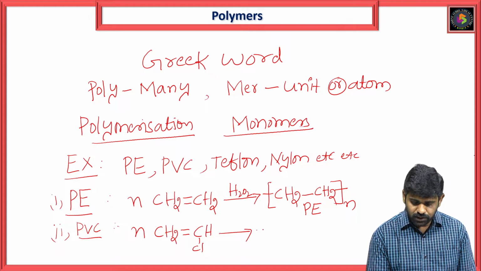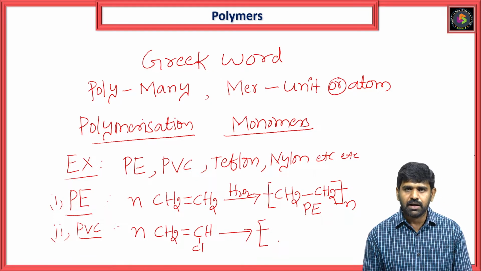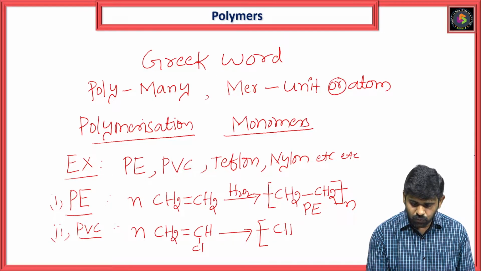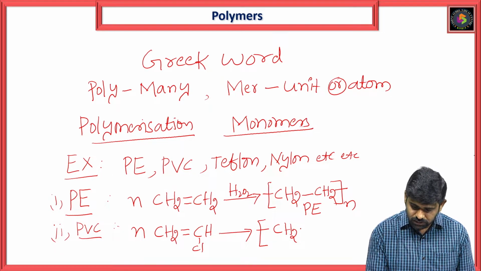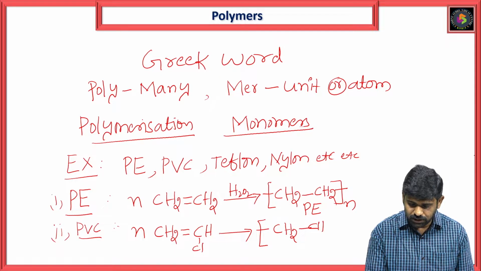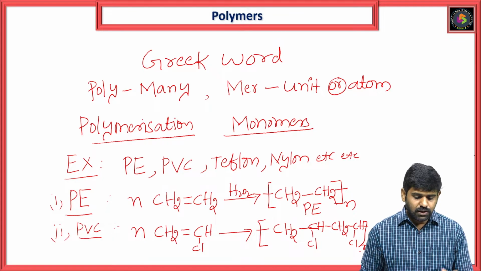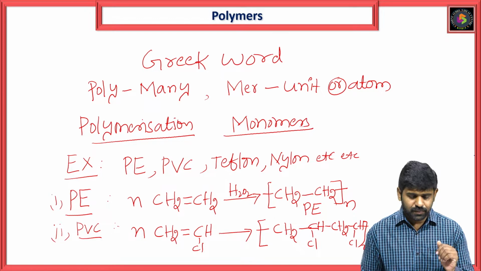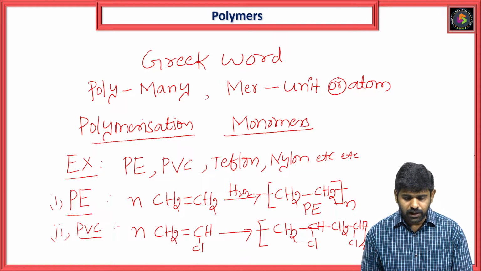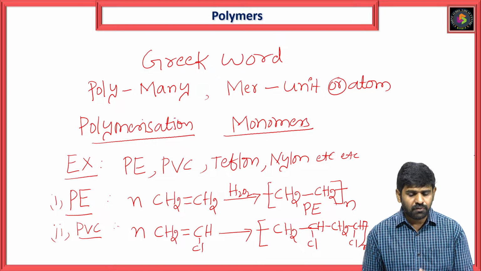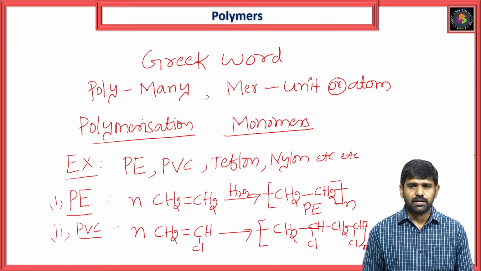It gives PVC, that is CH2, instead of double bond, single bond CHCl, next CH2-CHCl, like that, N moles. So polyvinyl chloride is formed by the polymerization of vinyl chloride.